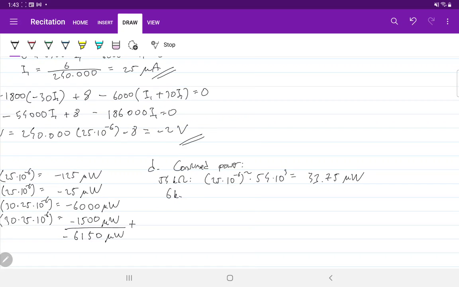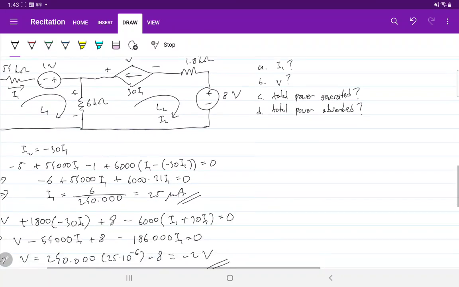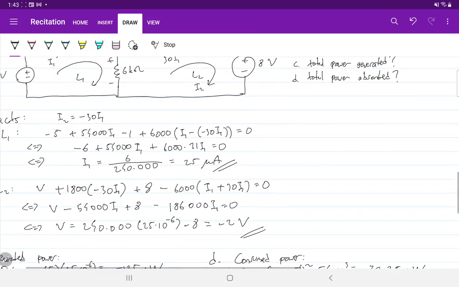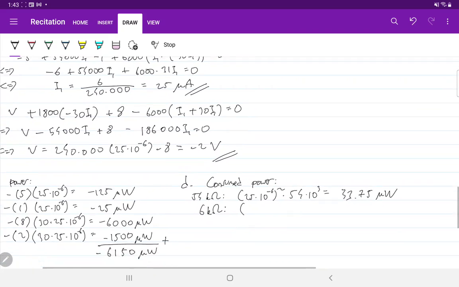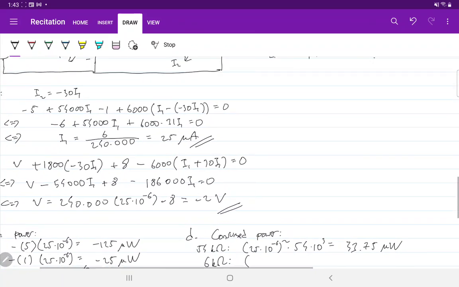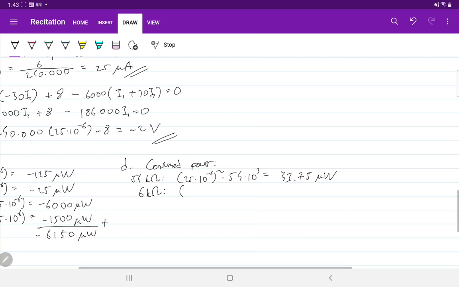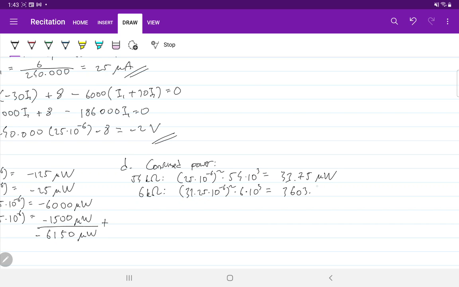The next resistor, the 6k, has 31 times 25 micro squared times 6k, which is 3603.75 microwatts.